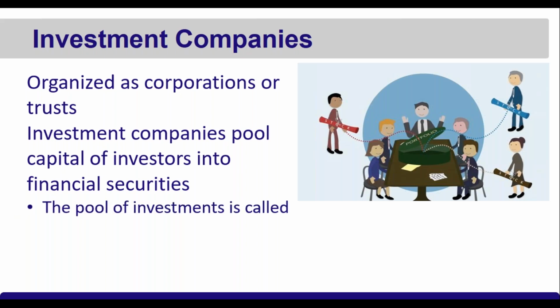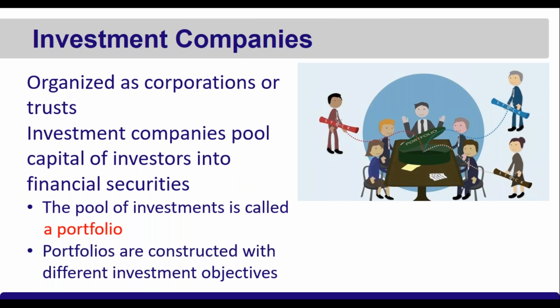They create a portfolio of securities that they then manage for them, okay? Due to the Investment Company Act of 1940, these companies are required to register with the SEC, and when they do so, they have to define what it is they're going to be investing in. They have to identify an objective.